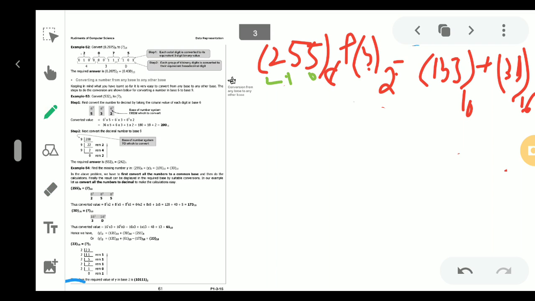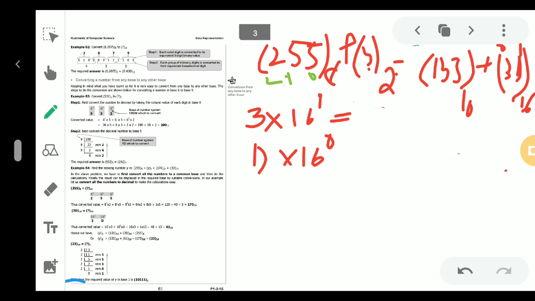So 3D, if you put the 0 and 1 values, then we are multiplying 3 into 16 to the power 1, and D into 16 to the power 0.